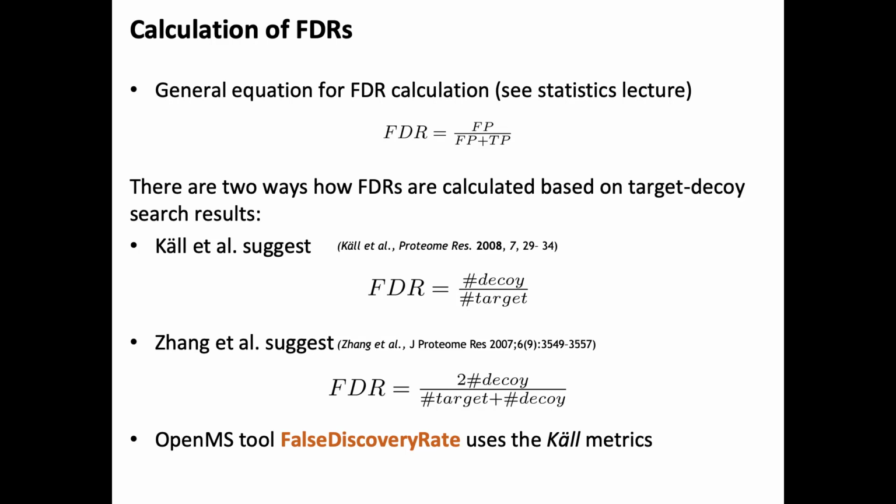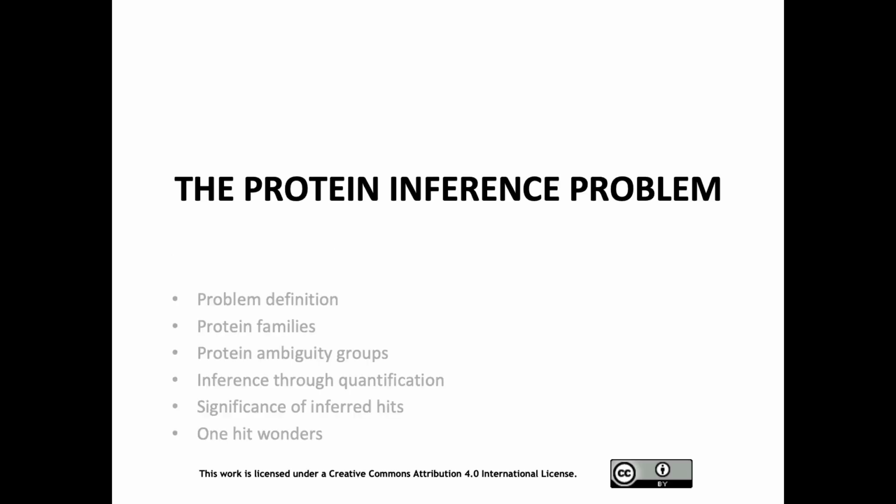Well, that's one of the big issues, and we're trying to answer that question. The answer is a lot more, but it depends on the context what it really means. It has to do with the protein inference problem, because so far we ignored how we actually get to the proteins.